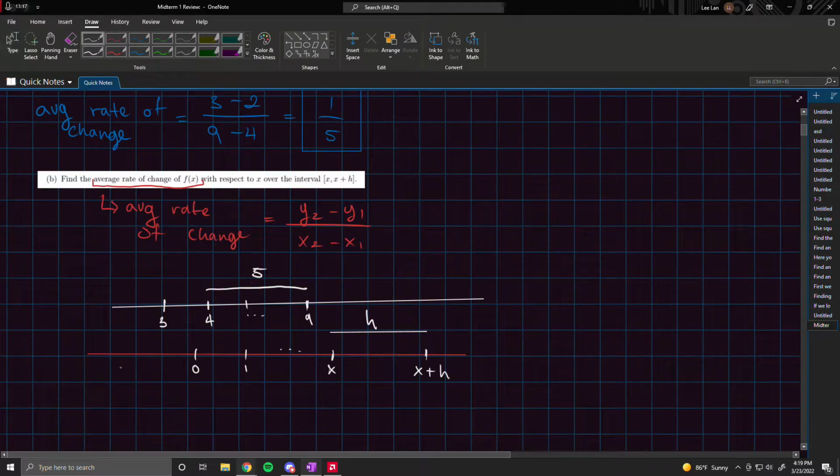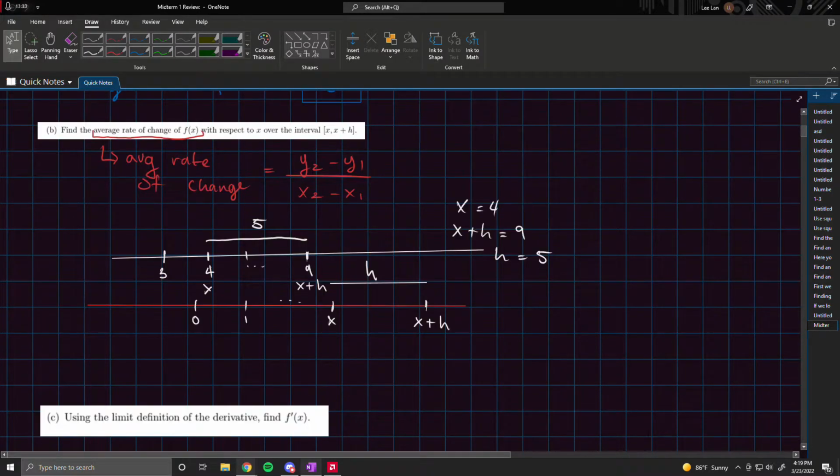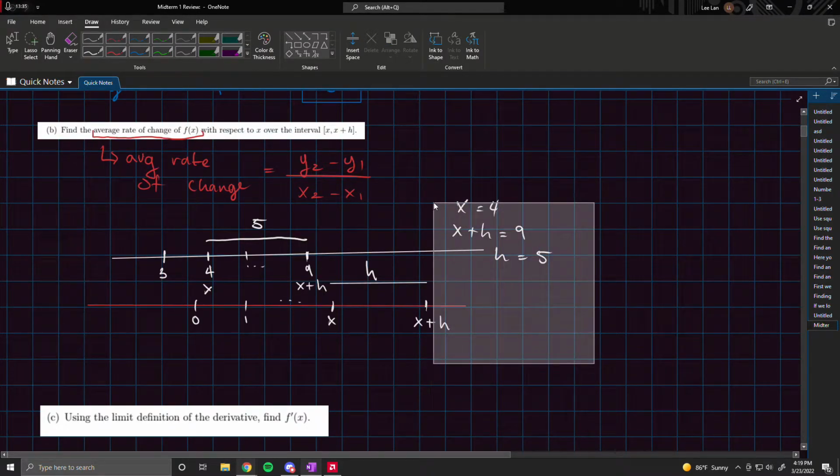So if you map this situation onto here, this is our x, this is our x plus h. And if x is equal to 4, that means x plus h is equal to 9, and therefore h is 5. So just because you see variables doesn't mean it's necessarily scary.